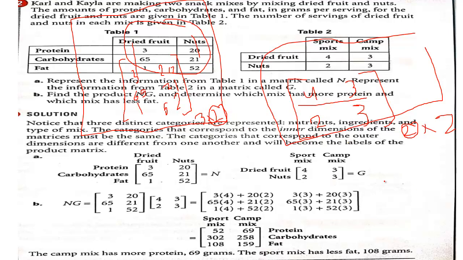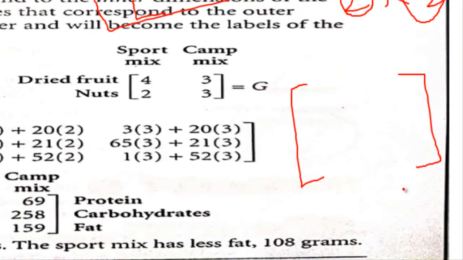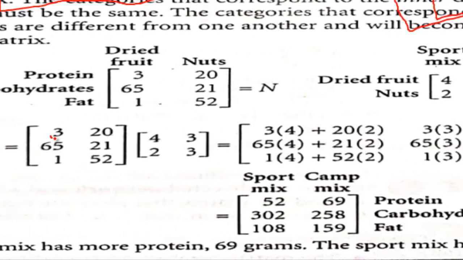The result of this matrix takes the first number, 3, and the last number, 2. So 3 times 2. So we have 3 rows times 2. The first row here is 3 and 20, and the first column here is 4 and 2. So 3 times 4 plus 20 times 2.